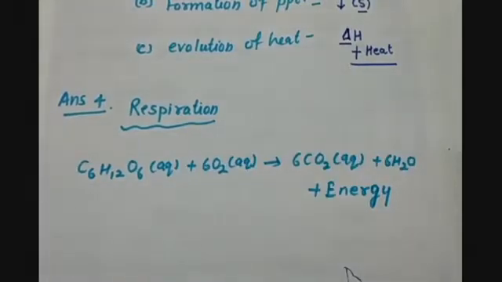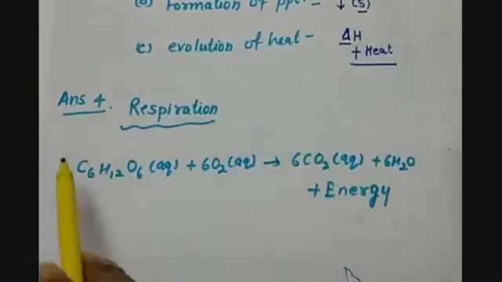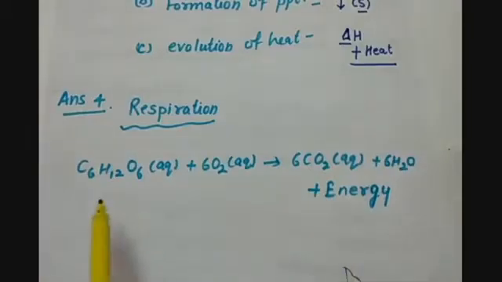During digestion, large molecules of food are broken down into smaller compounds, like glucose, and further this glucose, when it reacts with oxygen present in blood, forms carbon dioxide, water and energy. So this is basically the reaction in which glucose combines with oxygen, forming simpler substances.